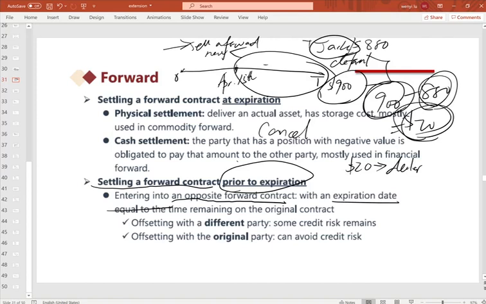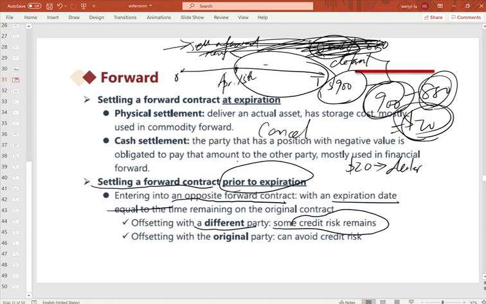So this contract is not valid anymore. You still need to pay $900 to the dealer, and the other contract is not valid because Jack defaulted. So if you sign a contract outside with a different party, you still inherit the risk. My credit risk will still remain.